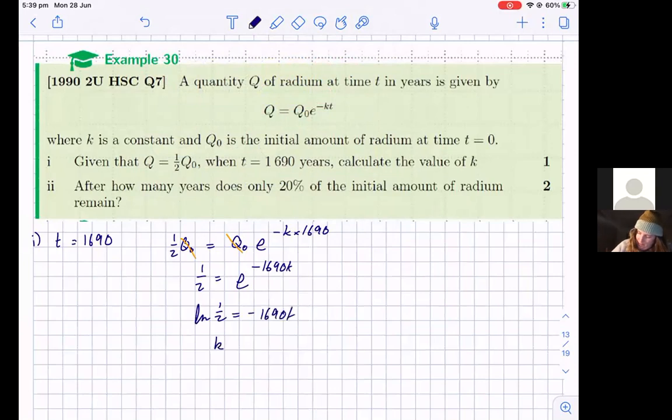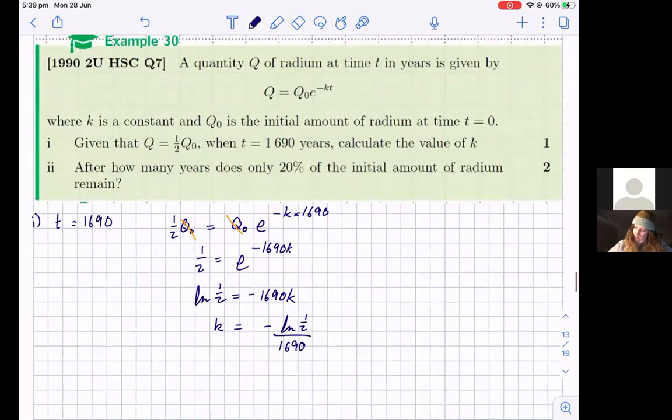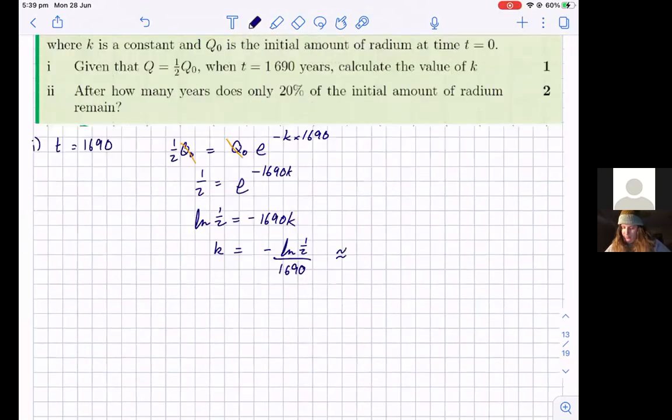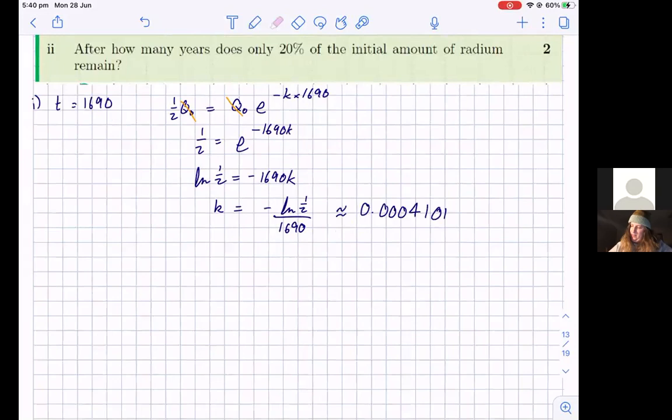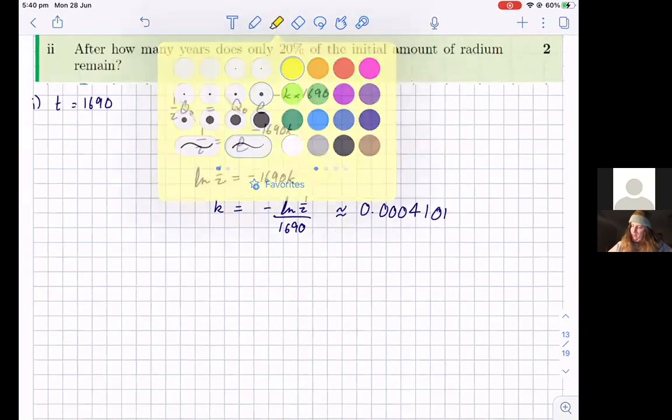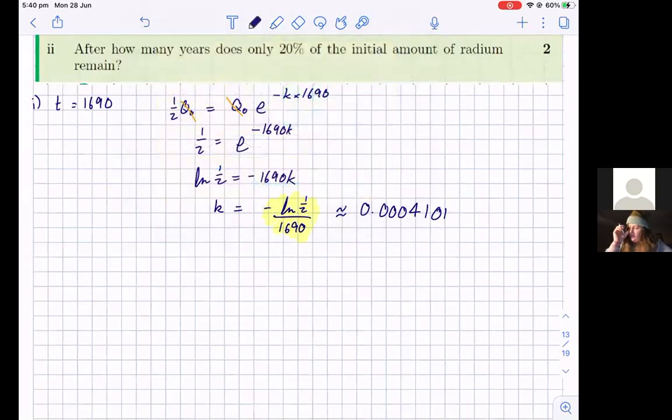So k equals negative ln half over 1690, which is approximately 0.00040101, etc. We're going to leave it as this for any future calculations.